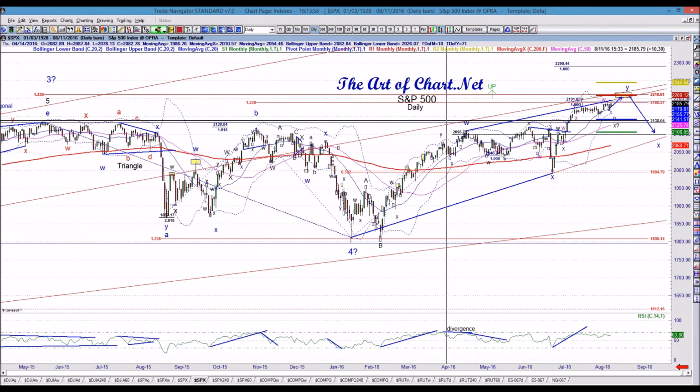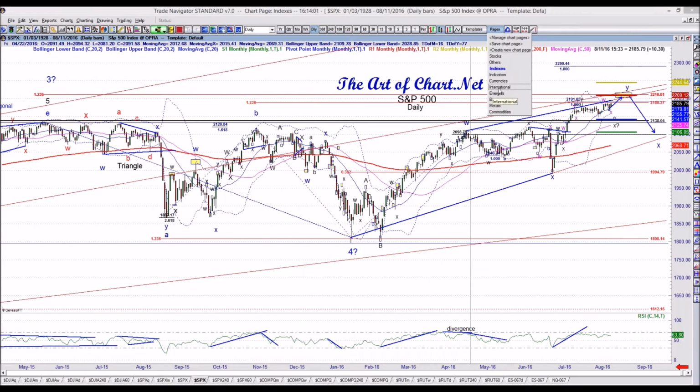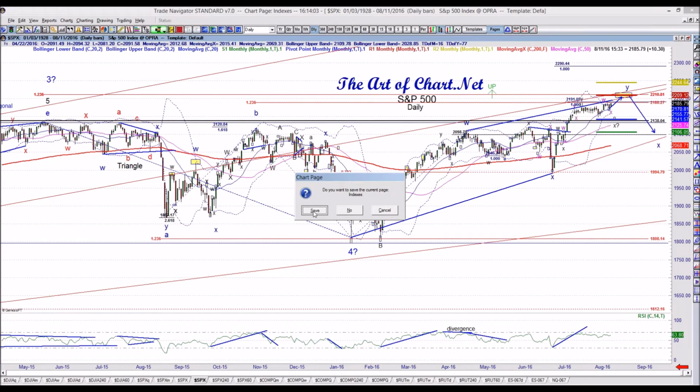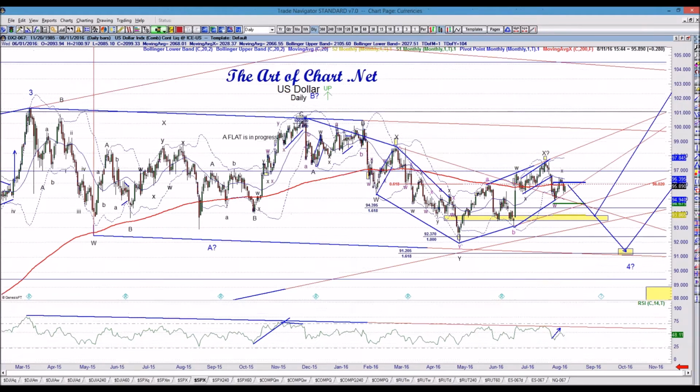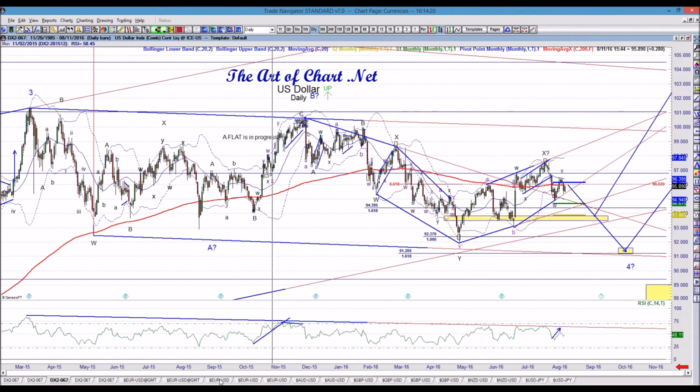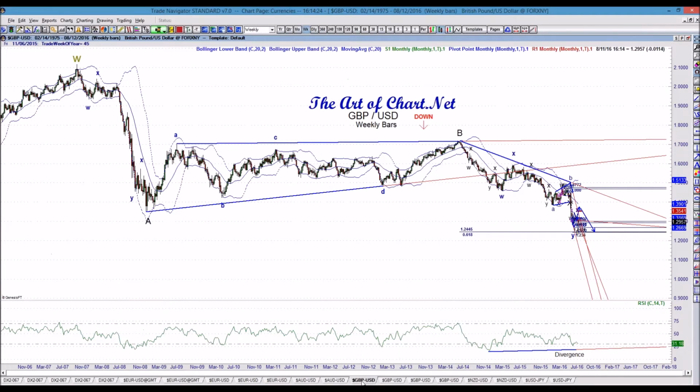Let me go to a currency chart, because I think currencies are a big deal when it comes to cycles. Currencies run in cycles. There's certainly no question about that. If you look at the bigger picture of certain currencies, they are cyclical in nature. Let's see if I have the pound weekly.